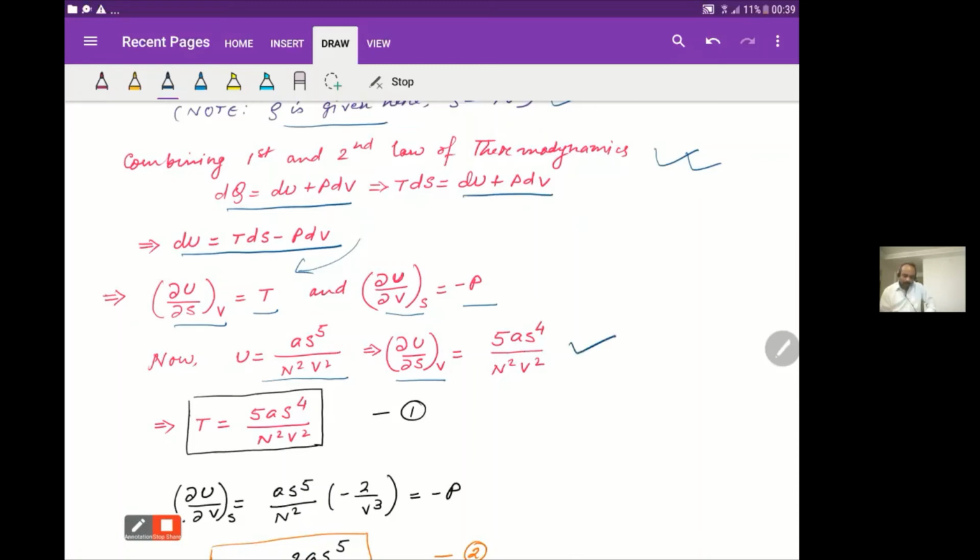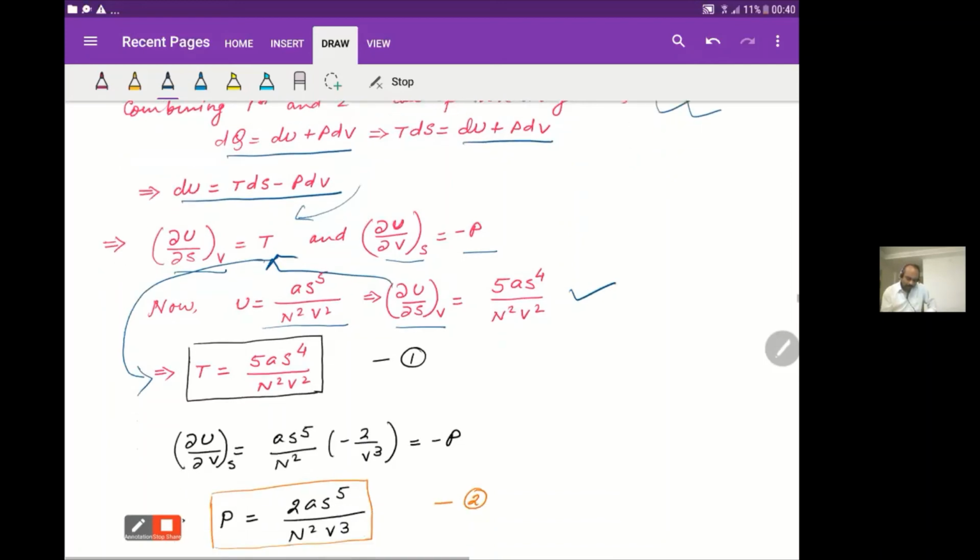That gives us 5A S to the power 4 by N square V square. Therefore, we can write that T is equal to 5A S to the power 4 by N square V square, because del U by del S is equal to T. So this is our 1.